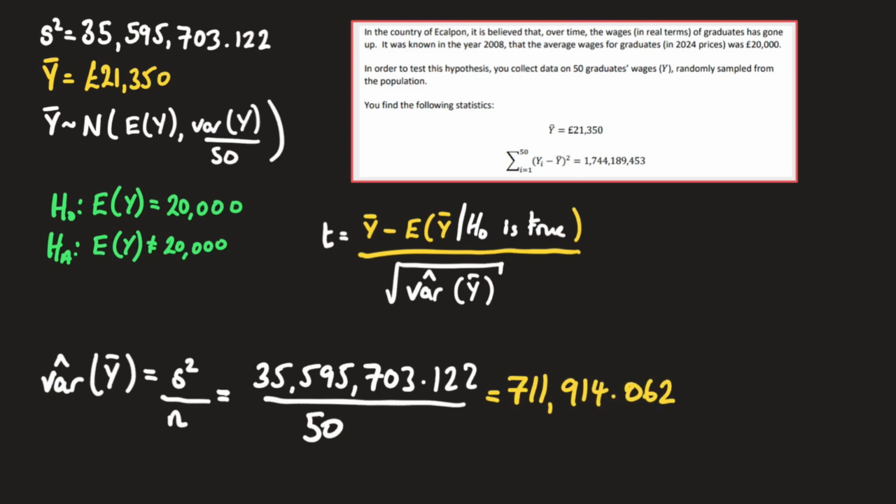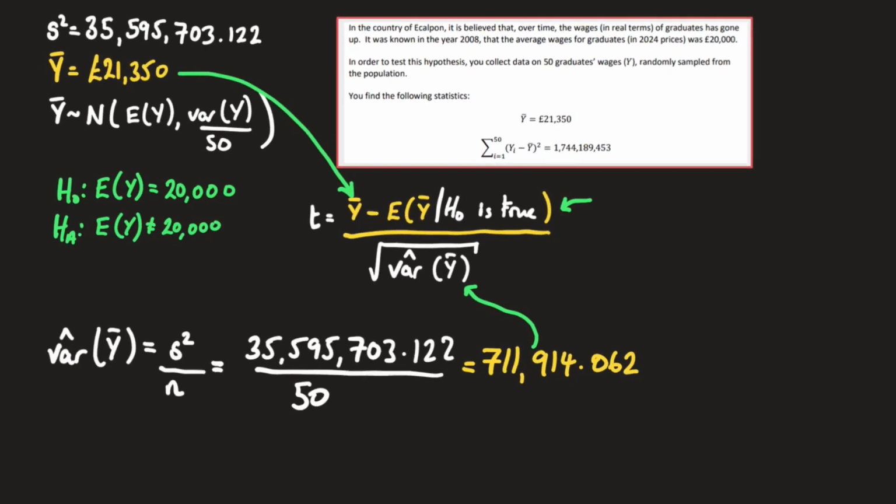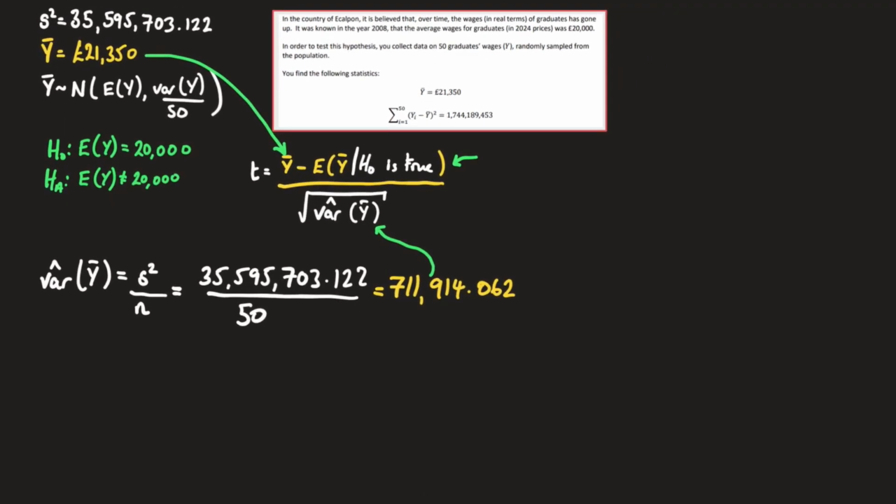So now let's substitute our numbers in. Remember, our sample mean is 21,350. We're going to substitute in our estimated variance of y bar of 711,914.062, and we're going to substitute in our hypothesized value in place of the expected value of y bar if the null hypothesis is true, which will give us a t-statistic that looks something like this.